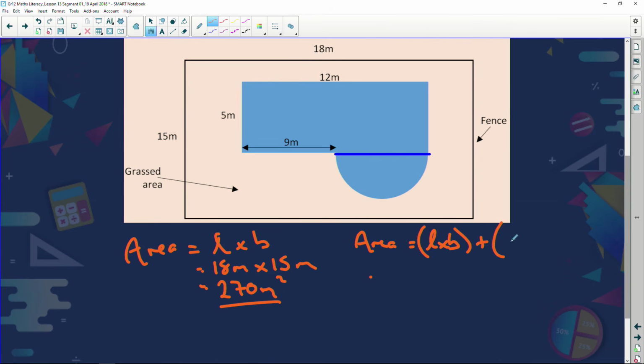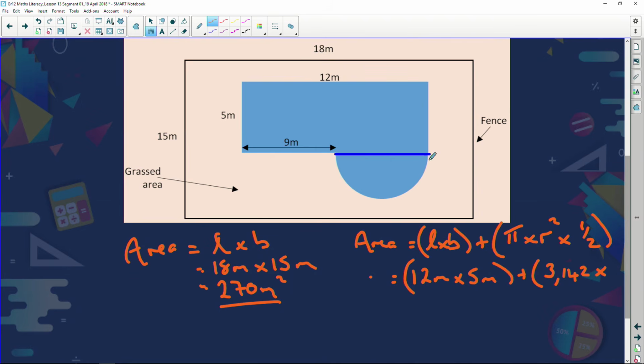So plus pi times r squared times a half. Area here, 12 times 5 plus pi, which is 3.142, multiplied by the radius.